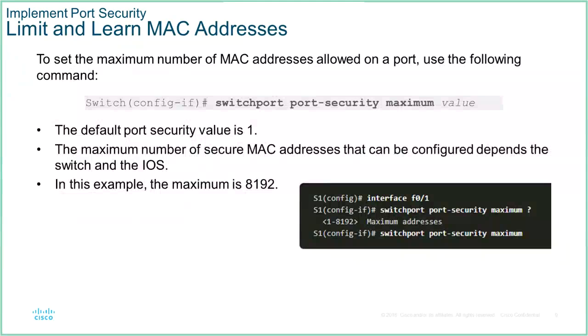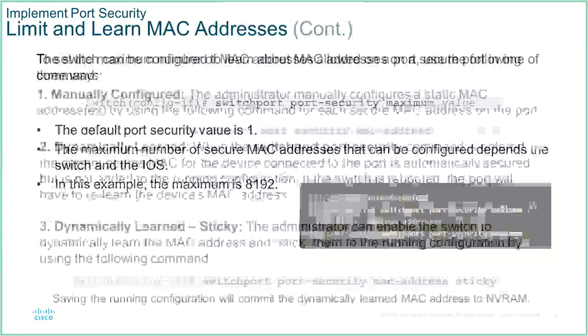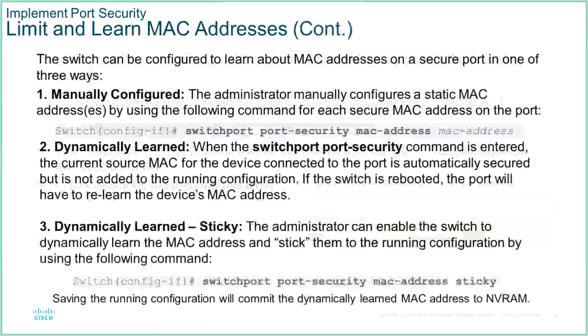So you can clearly see there's quite a bit of scope for devices to be exchanged, and it's very easy for us to set a value for the maximum number of MAC addresses. As I said, if you've got an IP phone, you definitely need to increase that to at least 2.